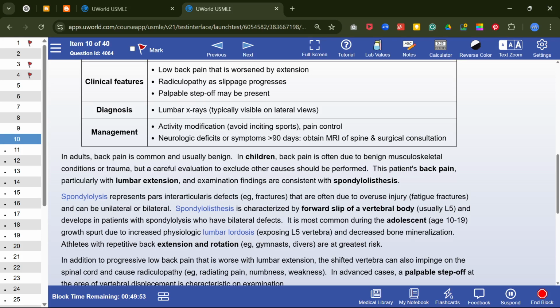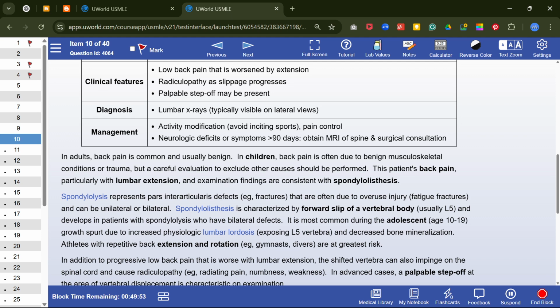In children, back pain is often due to a benign musculoskeletal condition or trauma, but a careful evaluation to exclude other causes should be performed. These patients have back pain, particularly with lumbar extension, and examination findings are consistent with spondylolysis.